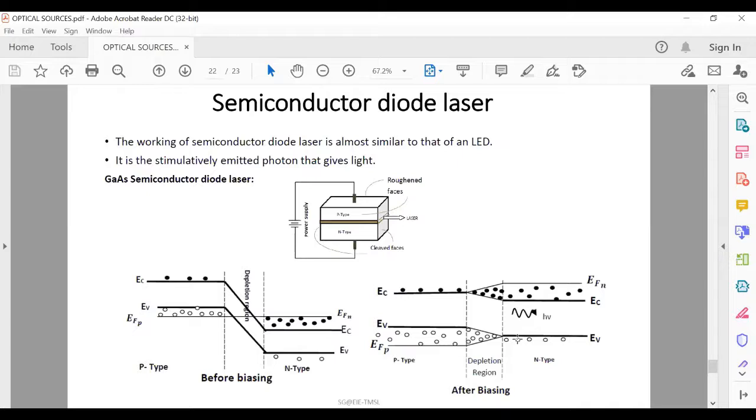So these stimulated photons are multiplied in the resonant cavity, and after sufficient amplification, an intense laser beam is generated, which is emitted from the polished surface having relatively low reflectance. Okay, so that is the working principle of this gallium arsenide semiconductor diode laser.